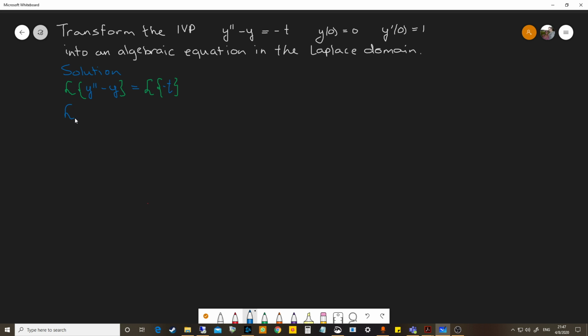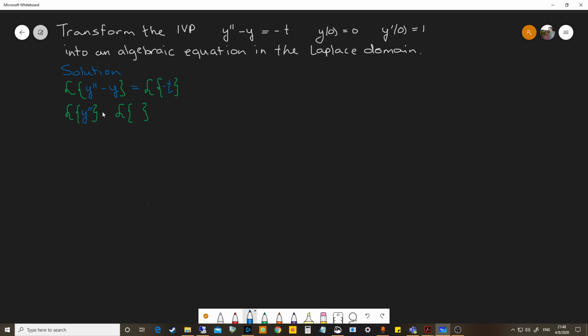So we get the Laplace transform of y double prime, and then we subtract from that the Laplace transform of y.